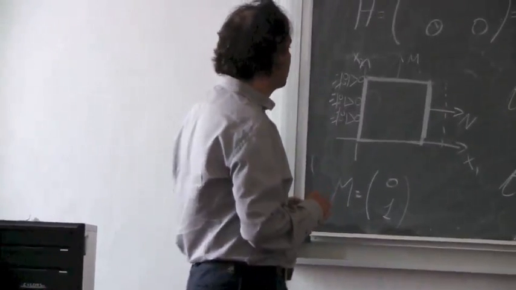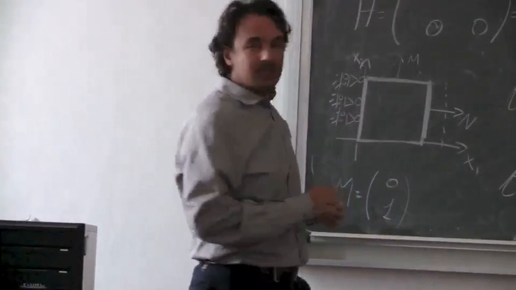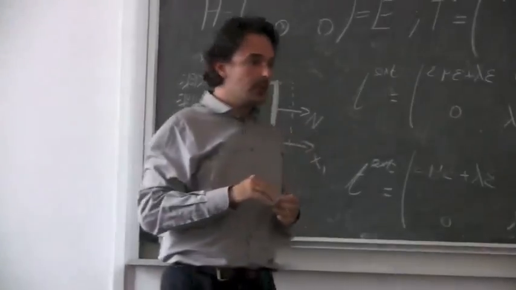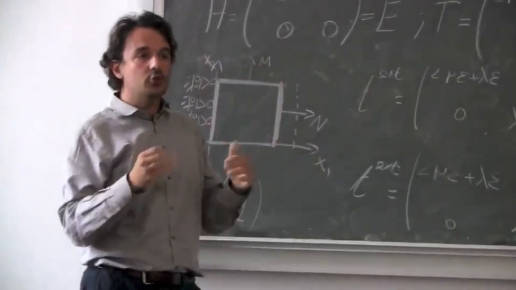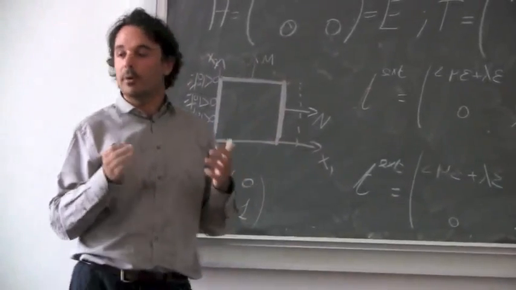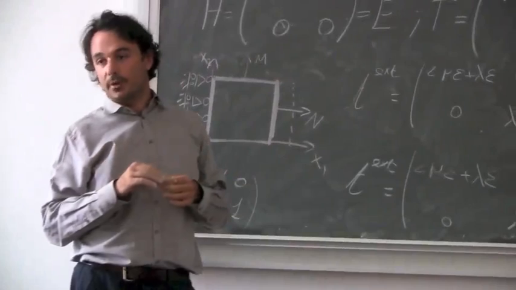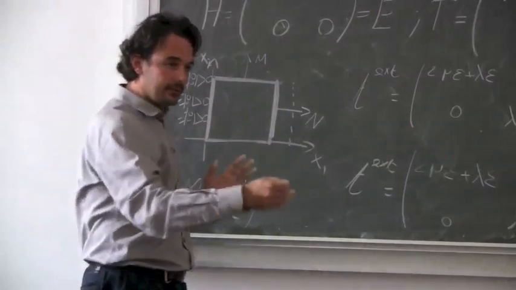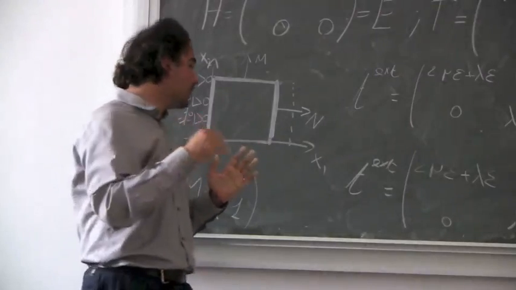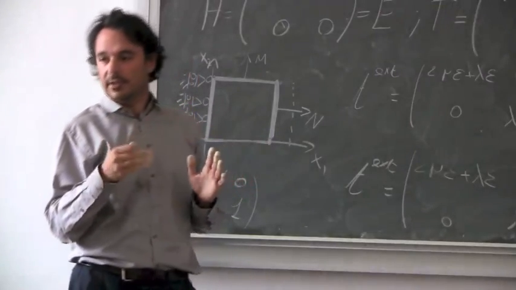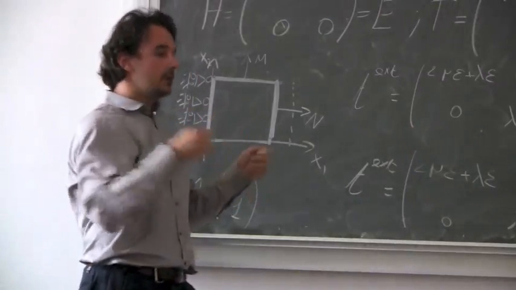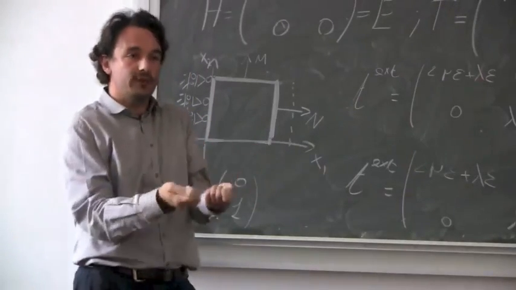Okay, this is a direct problem. You have a displacement, and you calculate the force in order to have that displacement. This is a problem that is called inverse problem. That is quite easy because you have only to make derivative. You have the displacement, make derivative, and you see the external action in order to have this displacement.